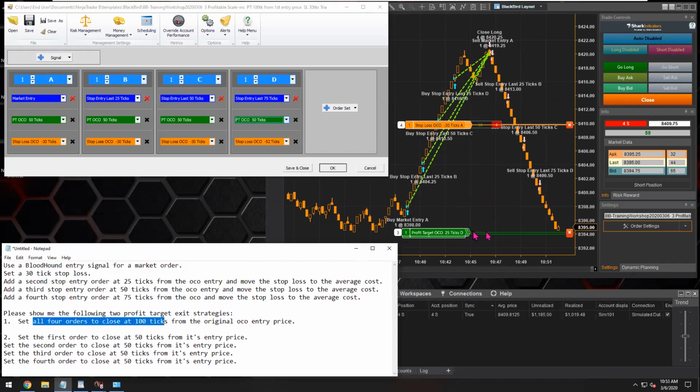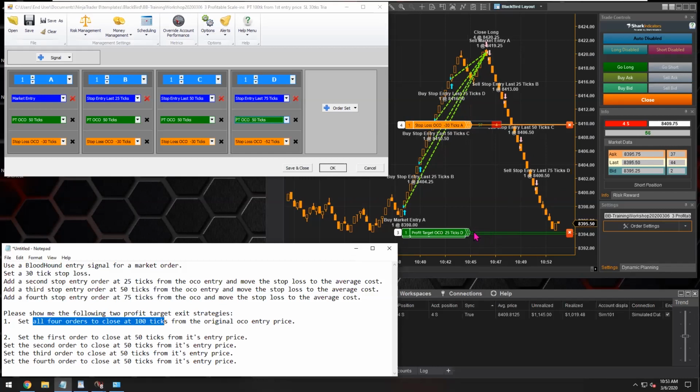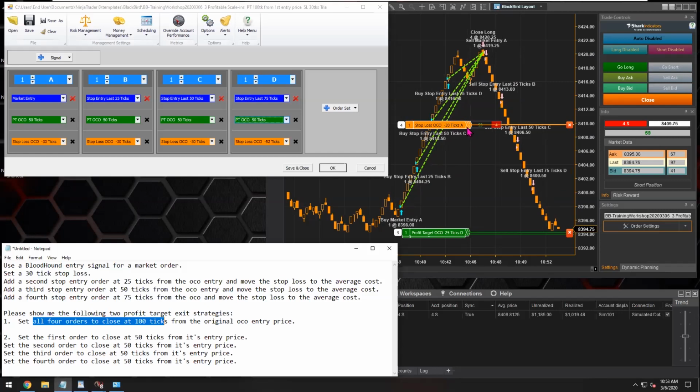Right now we can see these profit targets might have a tick or two offset, but we'll be able to reference each of these profit target order prices. So in the future we'll be able to get all these profit targets to land exactly on their price point. The same thing with stop losses: we'll be able to reference each of the stop loss prices.